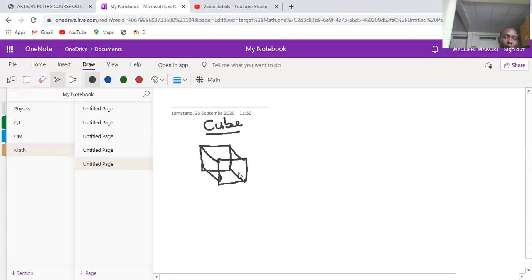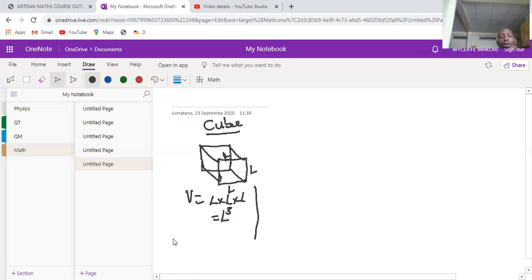So in getting the volume of any cube, because the length here is the same as this one, it is the same as this one, you will find that the volume is given by length times length times length, which is actually the same as length cubed.